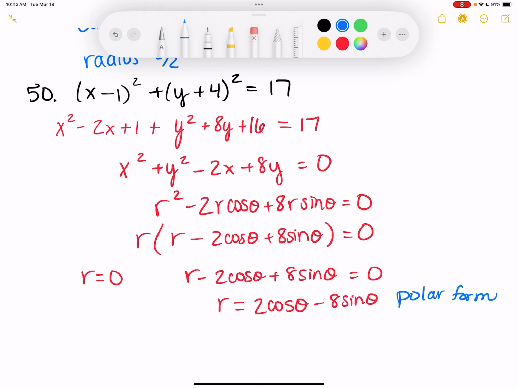I'll let Josh do it since he seems excited about it. Should be a circle. That is not a circle. Oh, parentheses.